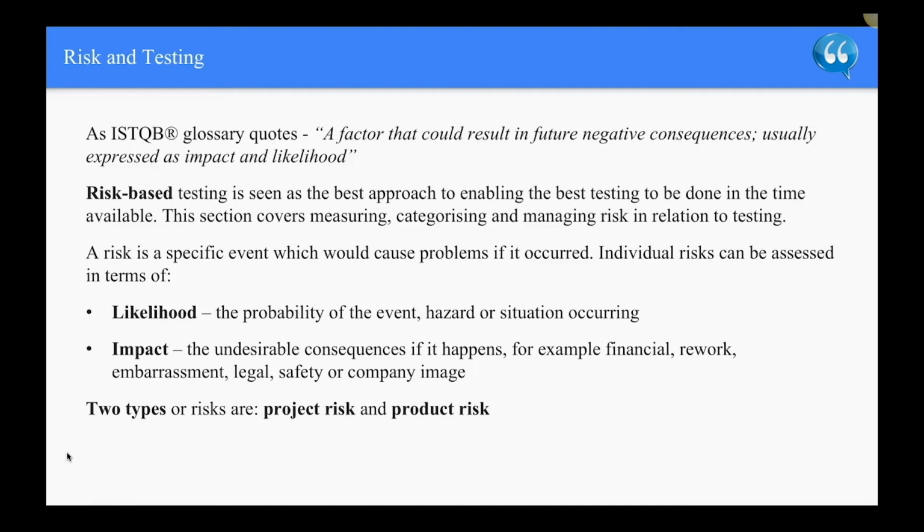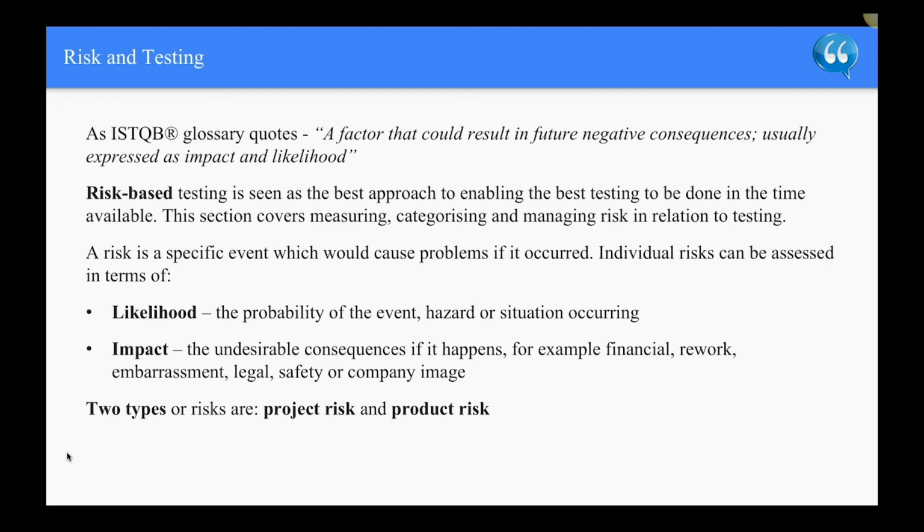Risk and testing. So testing involves the analysis of a risk of something that could happen with the software. A tip of advice, I would say, whenever you see the word risk within the answers A, B, C, and D within the exam, just think about the word risk.